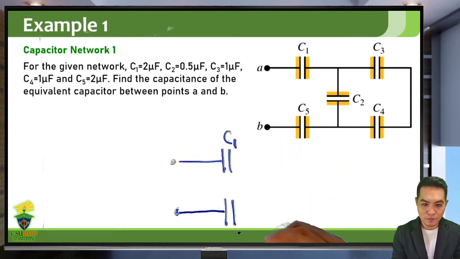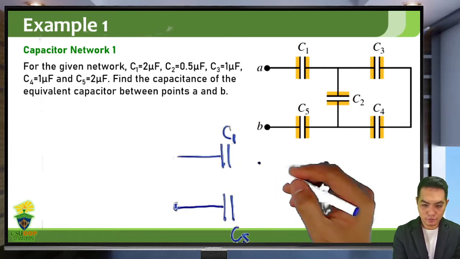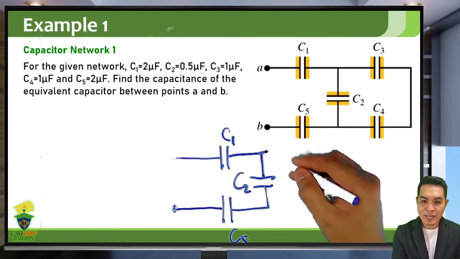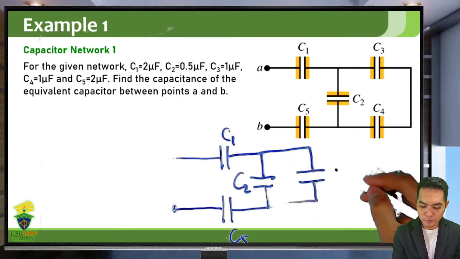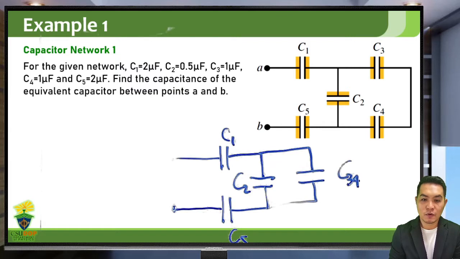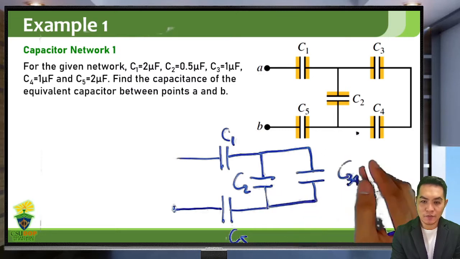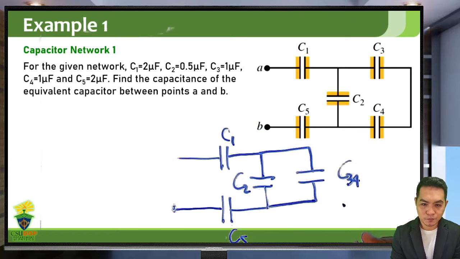This is my C1, this is my C5, and this is C2, and I can combine C3 and C4 into C34. After that, it will now be obvious that C34 and C2 have a parallel connection, because both of their upper plates are connected and both of their lower plates are connected. Take note, these black lines here are just conductors, basically your copper wires.